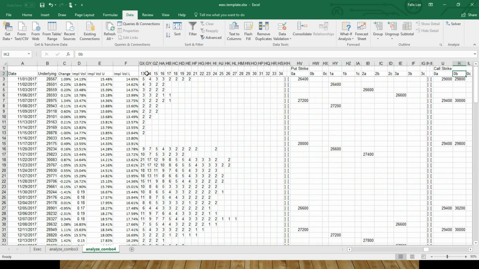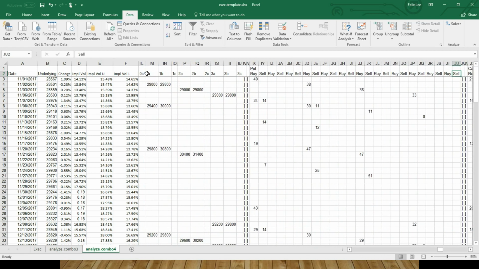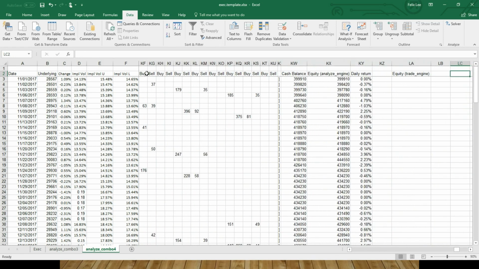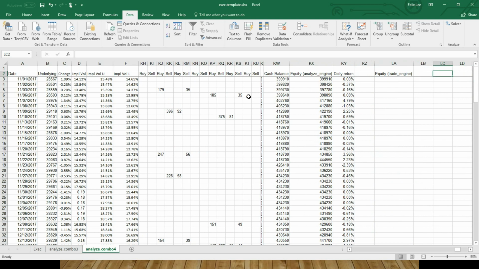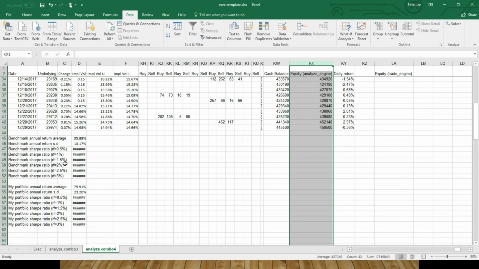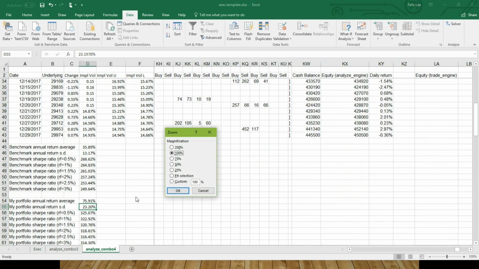And then the trade cost, and most importantly, the performance of these scenarios in terms of the accumulated equity value, and also the resulting Sharpe ratio.